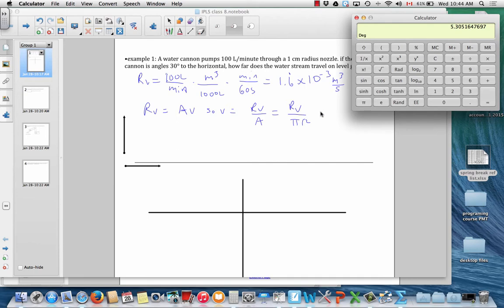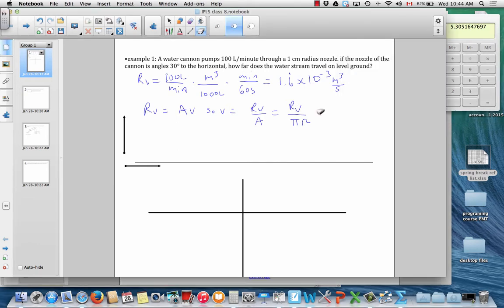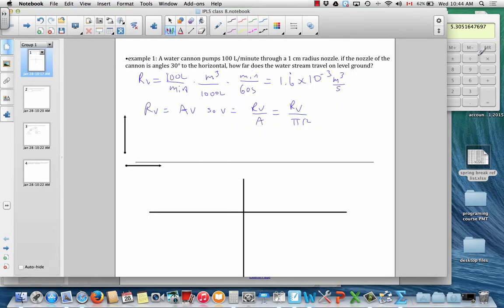Okay, so dividing this volume rate of flow by pi r squared, we get 5.305 meters per second. And now we're asked to find how far the water stream goes.